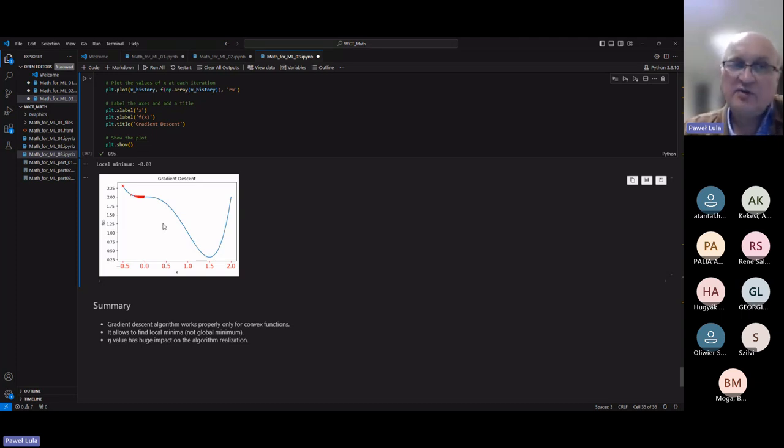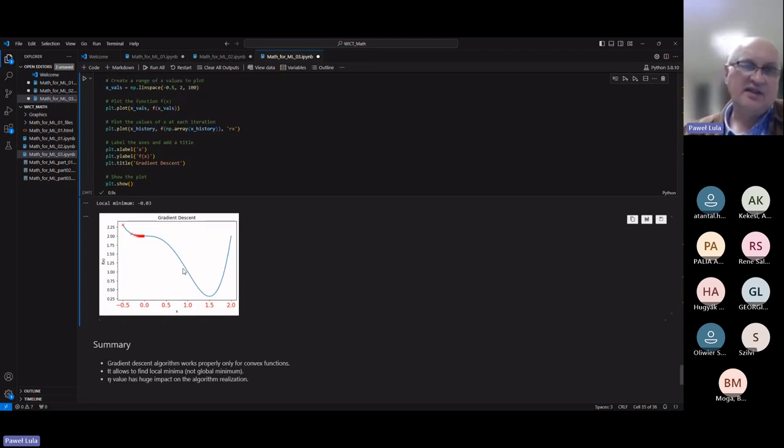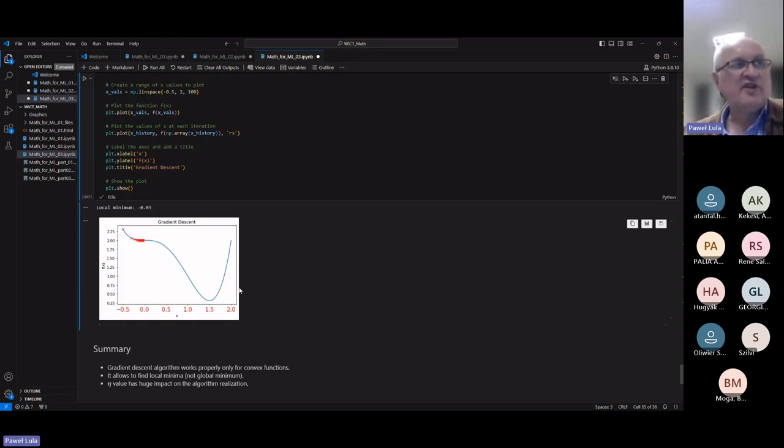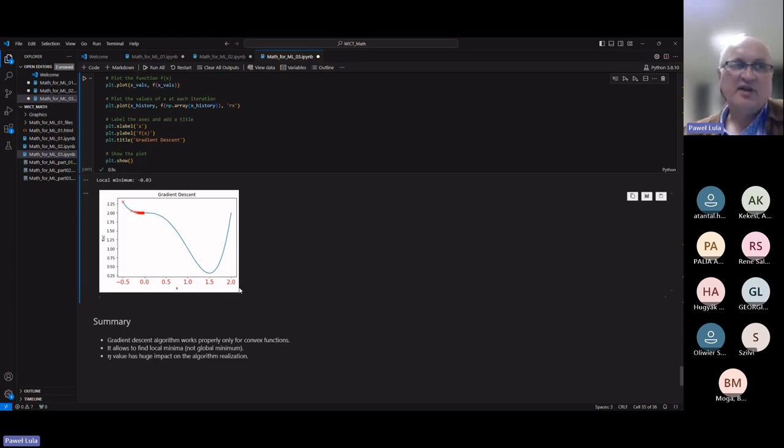And therefore, it is not possible to find the best solutions. So this algorithm which I presented here, and some other algorithms which are similar to it, has some disadvantages.